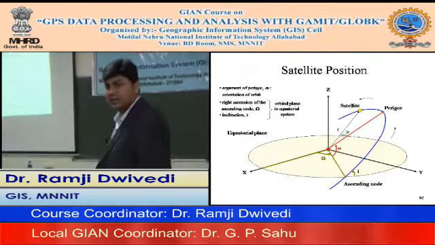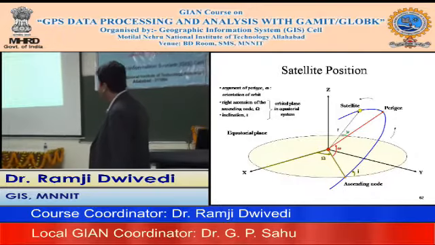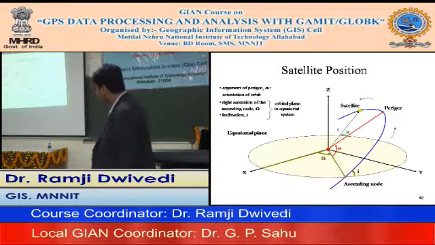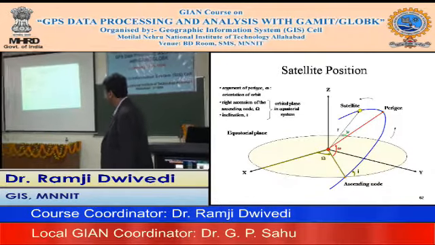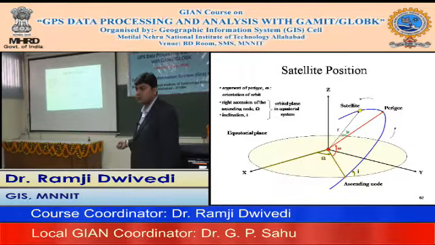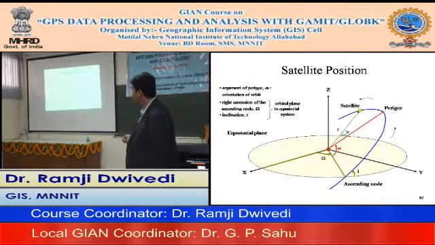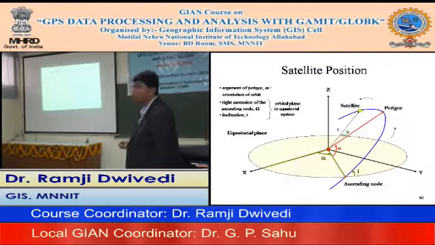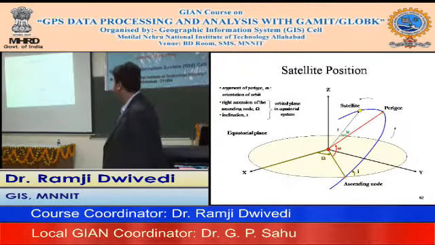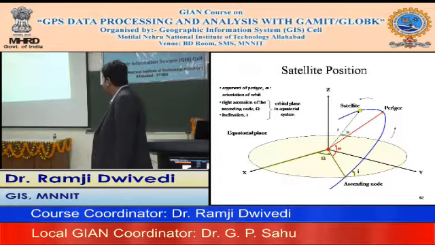This is the argument of perigee. This is the angle we are drawing with the three axes x, y, z. This is again the right ascension of the ascending node. When I say right ascension of the ascending node, obviously the x axis will not be of the terrestrial system, it would be of the celestial system, not ECF. And this is the inclination with respect to the so-called equatorial plane.